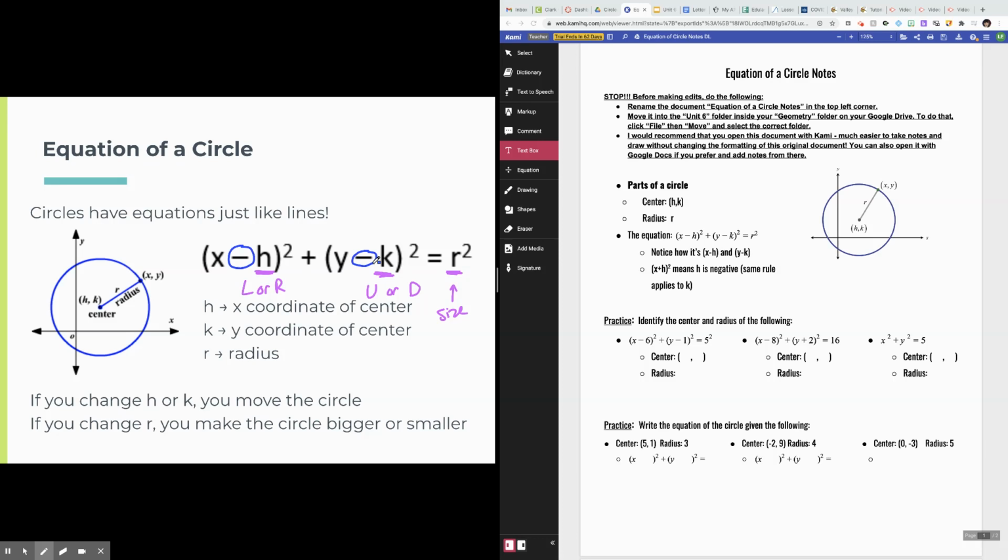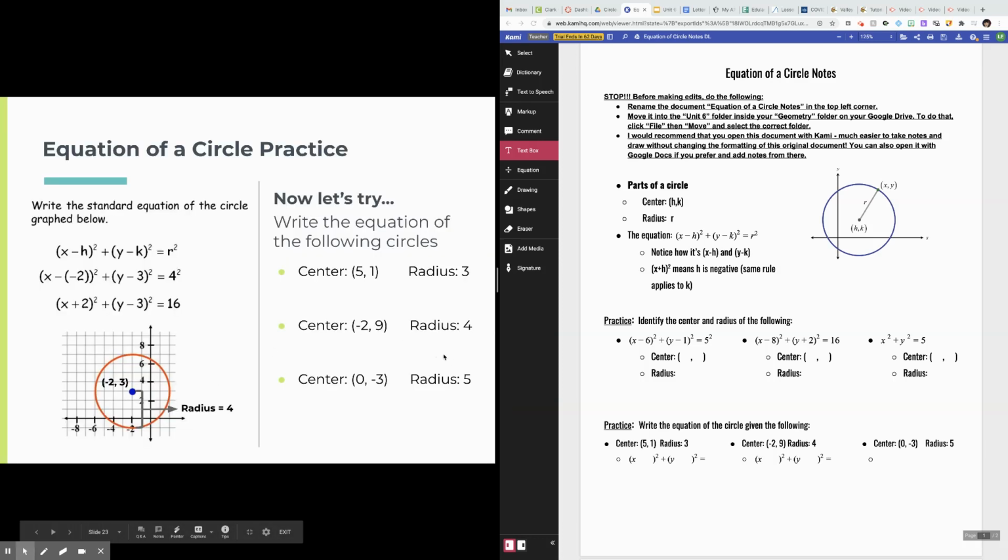So essentially, whatever you see in the equation for h and k, you have to switch the sign when you pull that number out of the equation in order to figure out where the center is. So if you see x minus something, then the number you pull out is positive, if you're asked to identify the center. If you see x or y plus something, then the number you have to pull out is negative, all right? So let me clear my screen here.